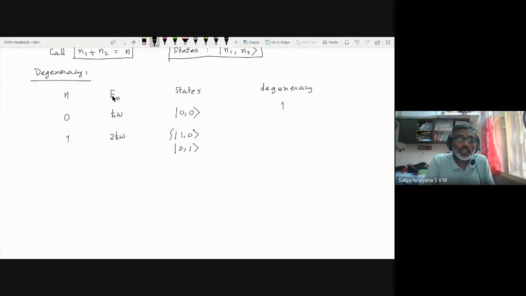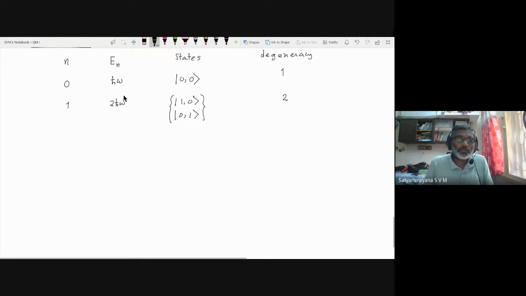So these two states will give you the same energy, 2ħω plus the zero-point energy. So the degeneracy of this energy is 2. Now you take n equal to 2, then the energy is 3ħω. So n equal to 2 can happen in 3 different ways.